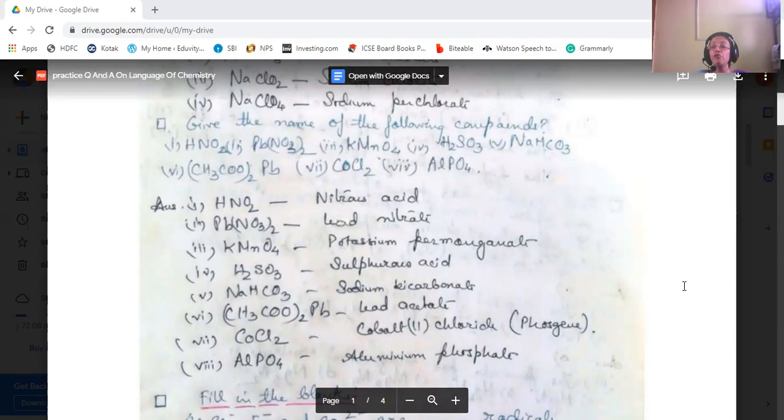Then KMnO4, potassium permanganate. Then Pb(CH3COO)2, that is lead acetate. NaHCO3, sodium bicarbonate. COCl2, it's cobalt 2 chloride by common name. AlPO4, that's aluminium phosphate.